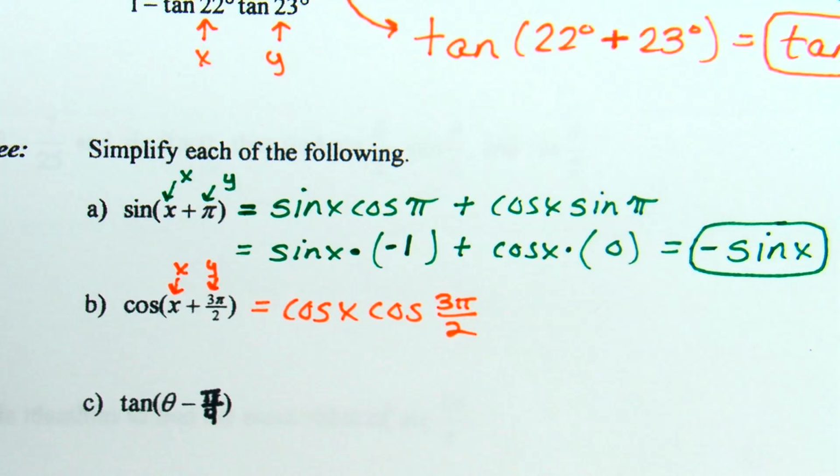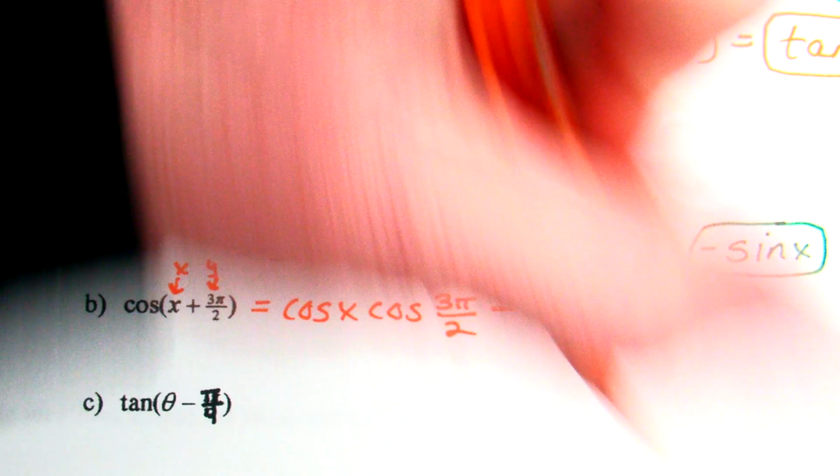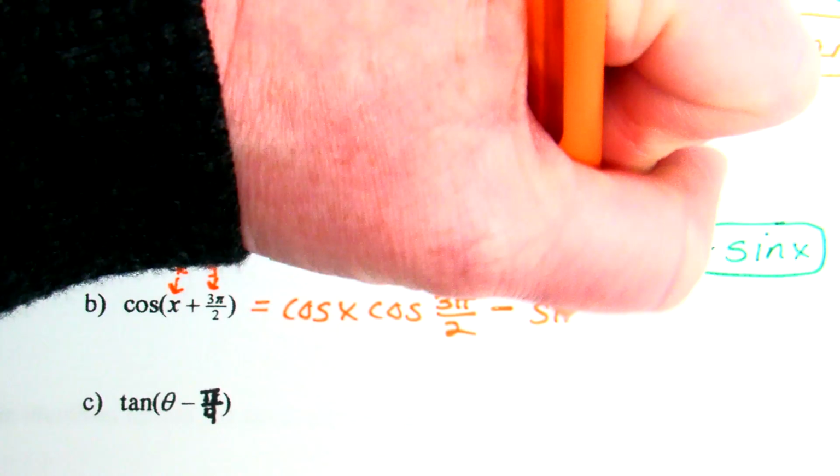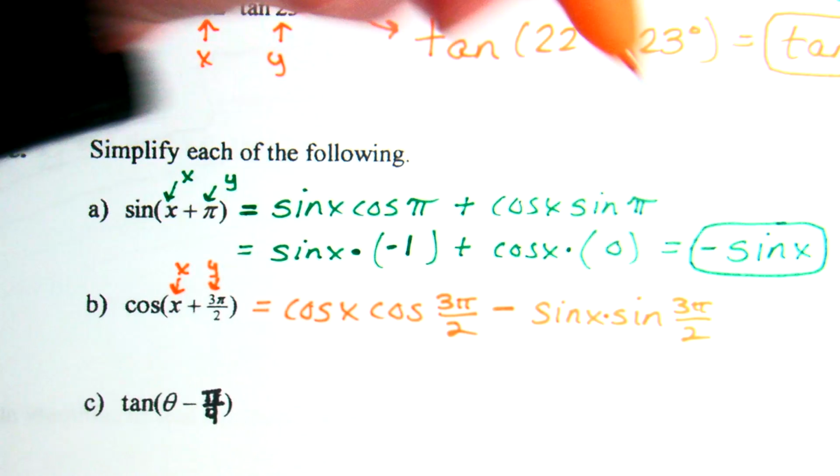So cosine x times cosine of 3 pi over 2. What about a plus minus sign here? It's minus because the cosine identity uses the opposite sign. And then it's sine, sine. So sine x, sine 3 pi over 2.